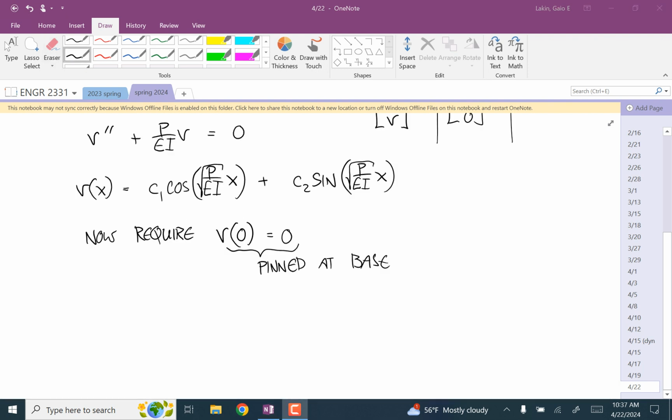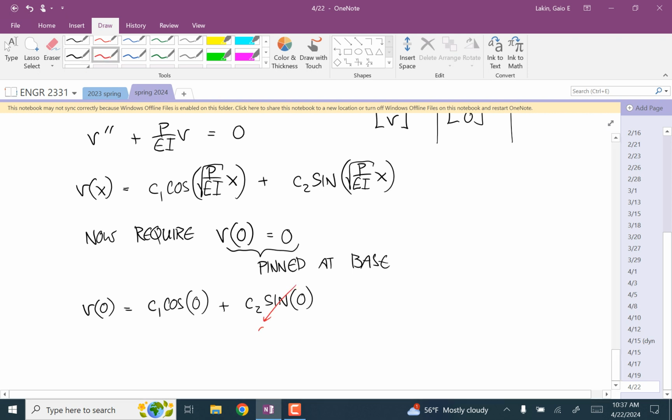The question is, what happens when you plug x equals 0 into this function? So, deflection at x equals 0 is C1 times the cosine of 0 plus C2 times the sine of 0. The sine of 0 is 0, so this goes away.